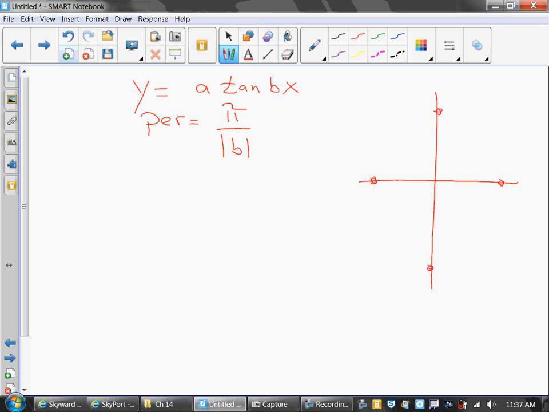It was y over x. Here was 1, 0, and 1. And this was at 0, -1. I can't find the tangent here or here because it's undefined.